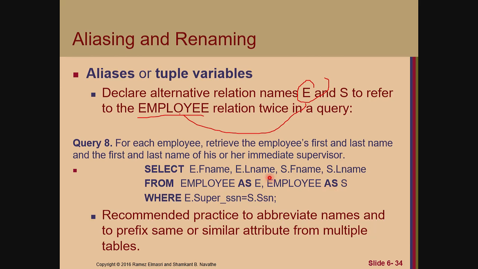So we have to separate them using alias names. And in the condition also, we have to identify the supervisor SSN is from the employee table, but SSN here is from the supervisor to get the supervisor name. This one is self relation.